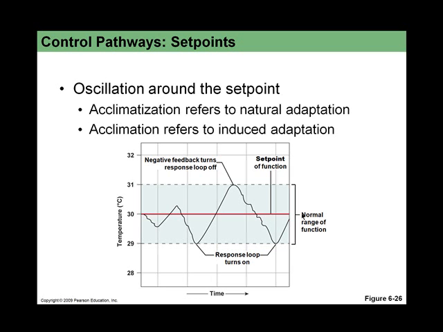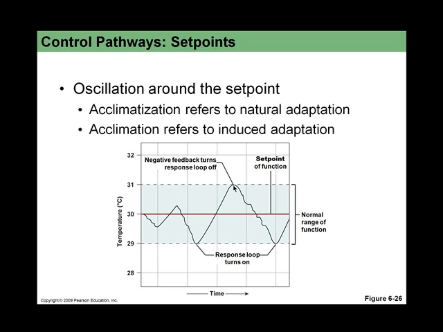And then if you get the average, then you would think that that is the set point of the function, correct? So the mean value of a large data set over a period of time would be considered as the set point. And then the highs and lows would be considered as the tolerance or the normal range of the function.